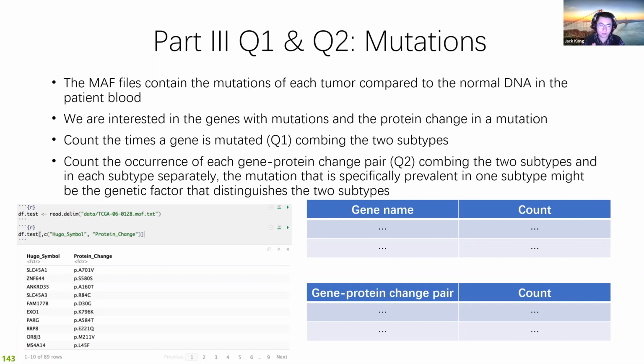So say you see a gene protein change pair A that happens, when counting the two subtypes as a whole, say like 20 times, and you see that these 20 times actually all come from subtype 1, and this particular mutation may be the driving factor for subtype 1.